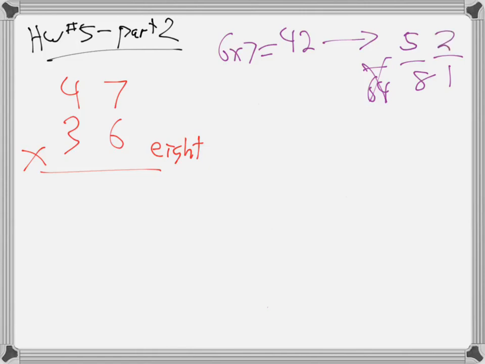So 42 normal becomes 52 base 8. Good so far? We have to constantly convert everything we do from normal into the foreign system. So instead of writing 42, I'm going to write 52, because I'm in the base 8 system.